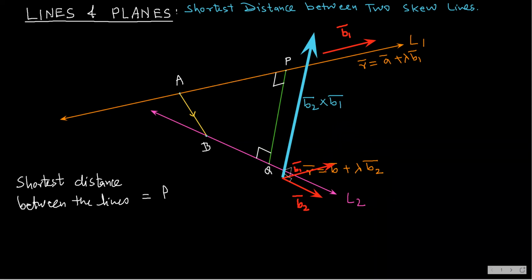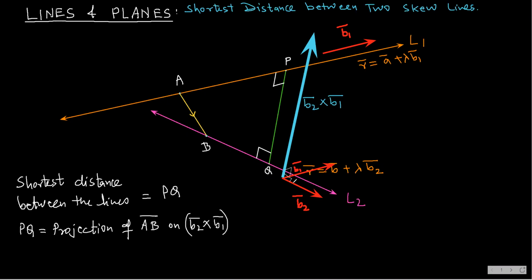So here I write, see, now I start writing. PQ equals to projection of AB bar on B2 bar cross B1 bar.